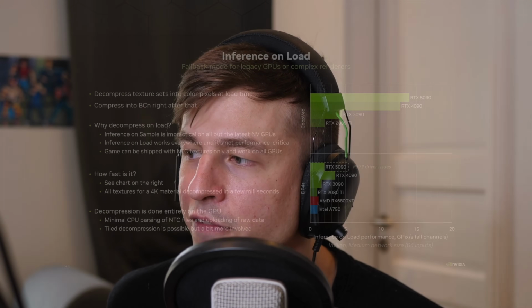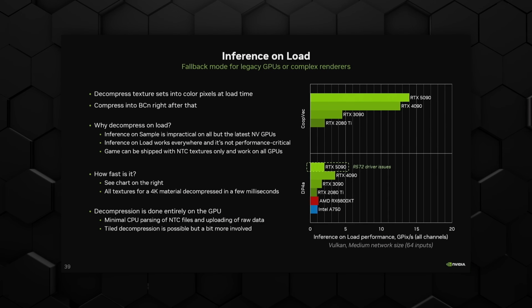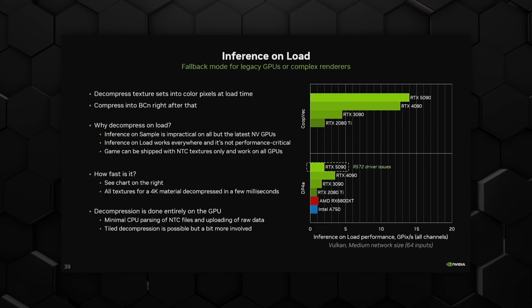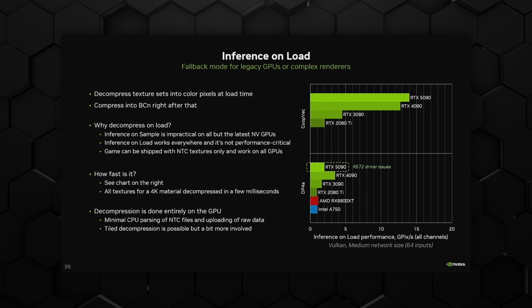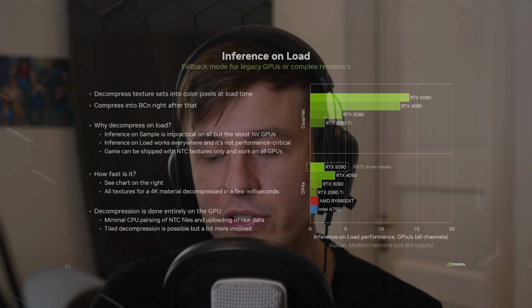much more familiar. The first one, they called inference on load. And this one is actually like neural texture decompression, the way DirectStorage works, where there are already compressed textures on disk that are then decompressed after they go from PCIe onto the GPU, and they exist in a larger uncompressed format on the GPU.